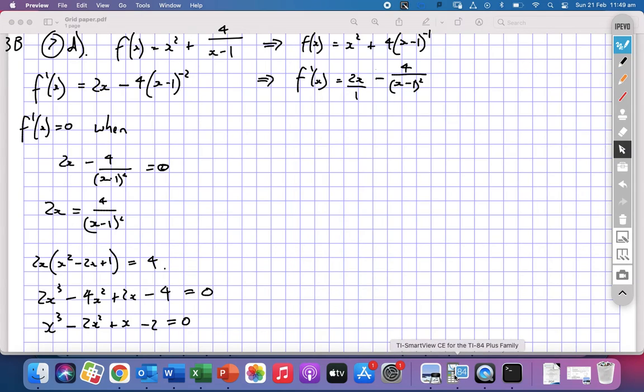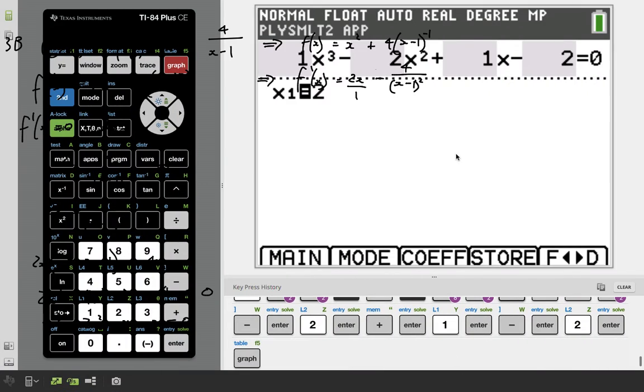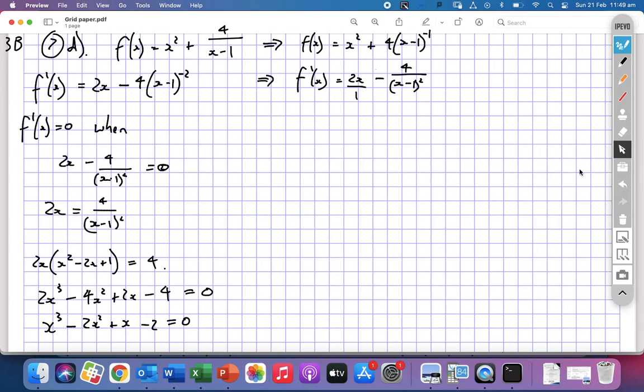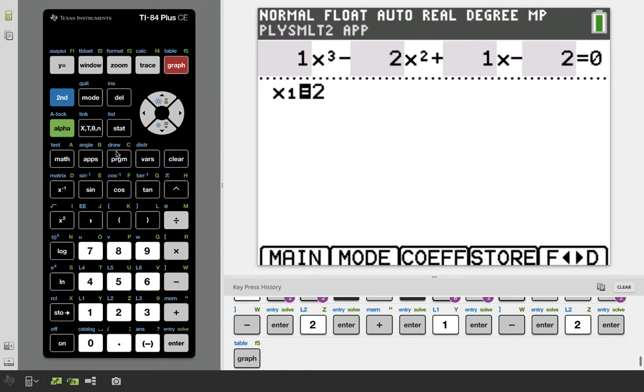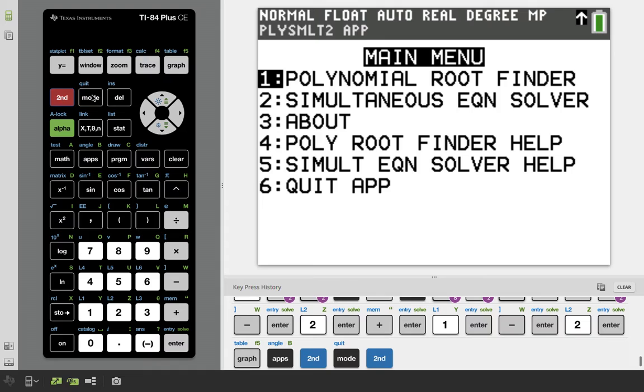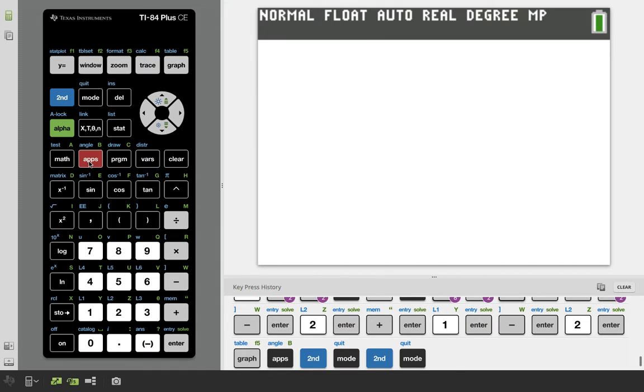So we go calculator time. You need to be pressing apps. Actually, it's going to help if I blank the screen. You go apps. Where's apps? There. Well, I'm already in there. Let's quit, just in case you are not familiar.